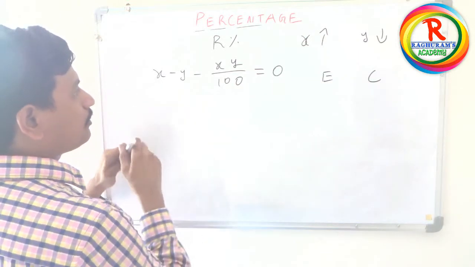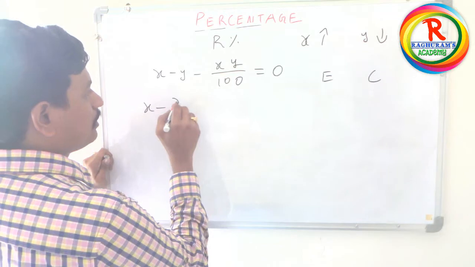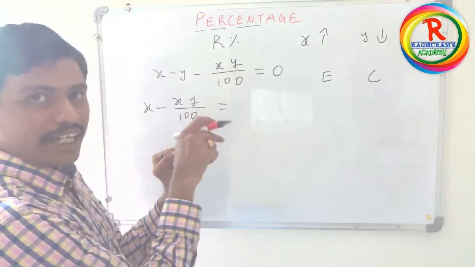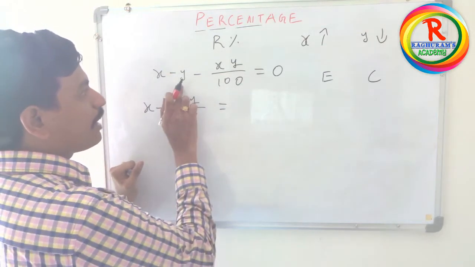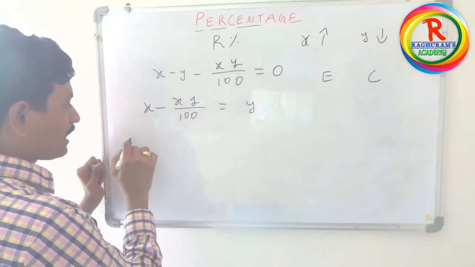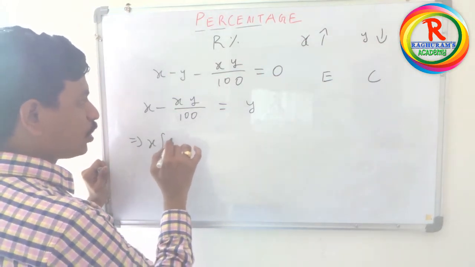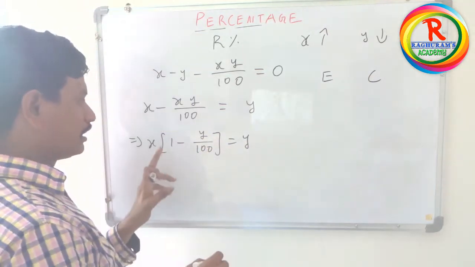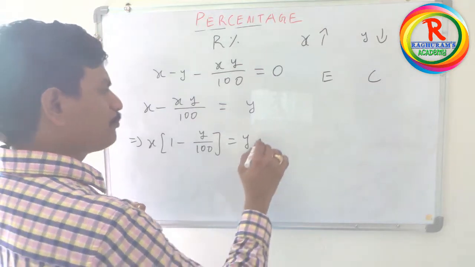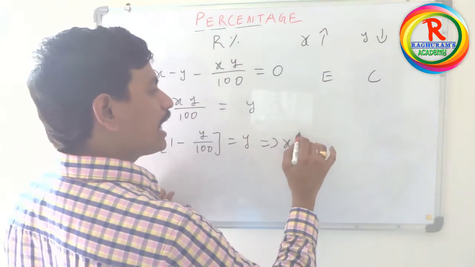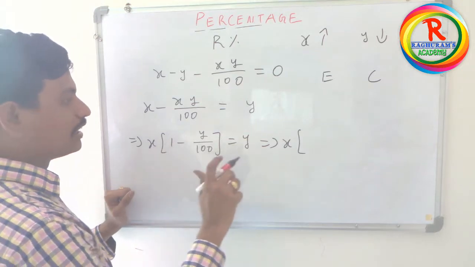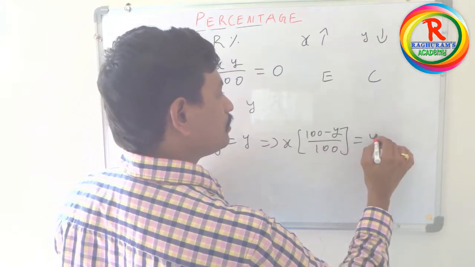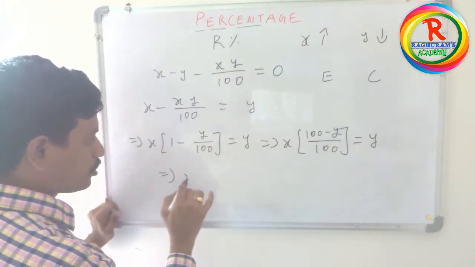So take these two on the same side, xy by 100, since I am finding x, I keep these two and move minus y to the right hand side. Take x common, so we get x into 1 minus y by 100 is equal to y, and take these two to the right hand side. Now simplify: x into, taking 100 common, 100 minus y by 100 is equal to y. So what is x?